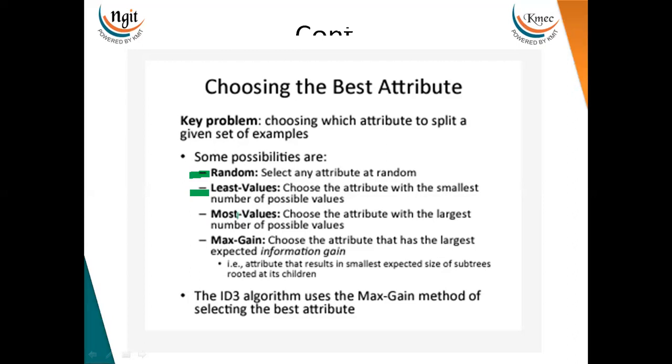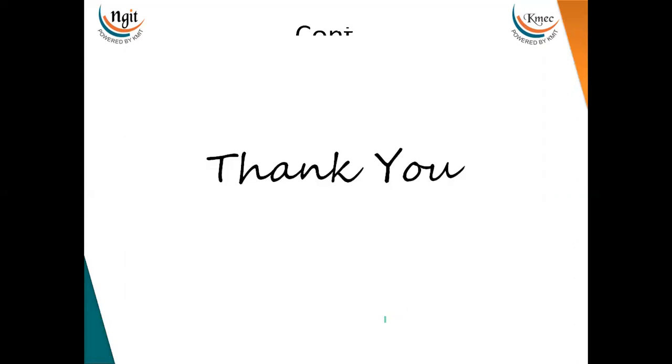In some cases, I need the maximum number of subtrees, so I will go for the attribute with the largest number of possible values. And as I told you, in some cases, like ID3, I will go for the maximum information gain. ID3 uses the max gain method for selecting the best attribute, which we are going to see with an example in more detail in an upcoming video. Okay, thank you.